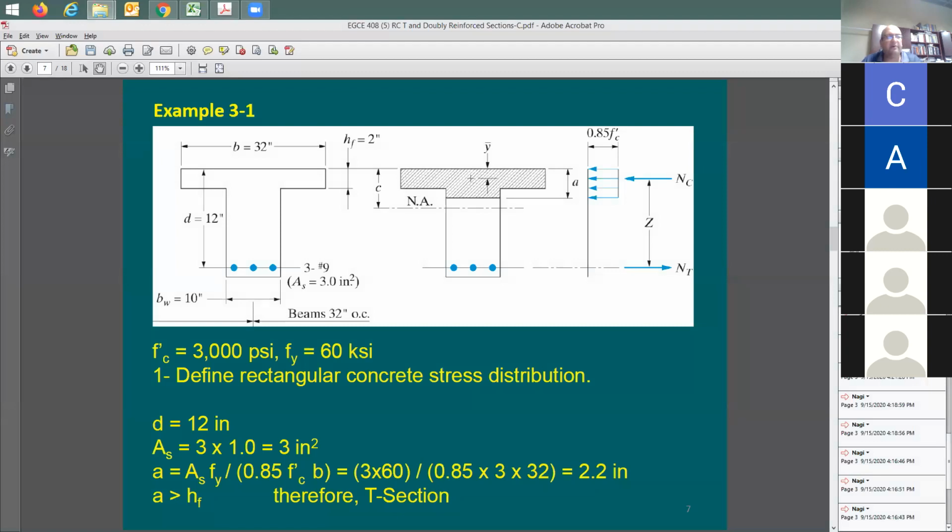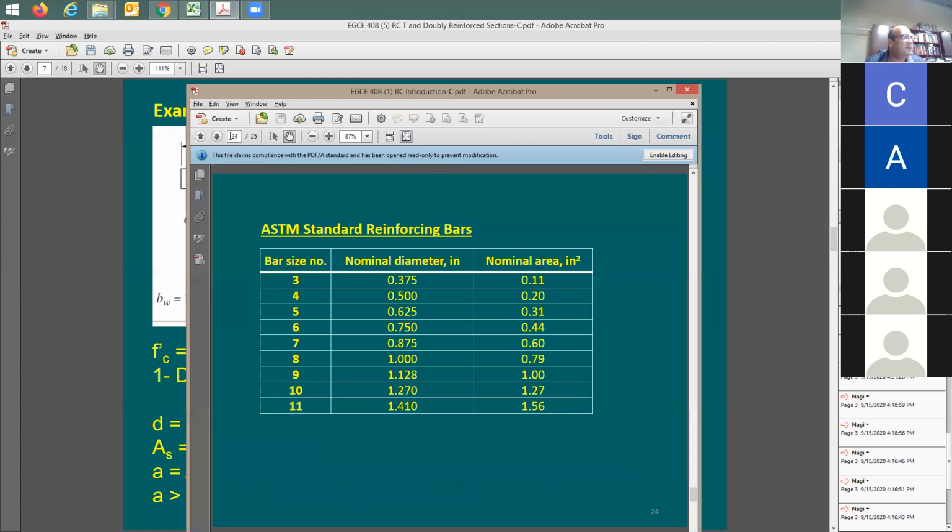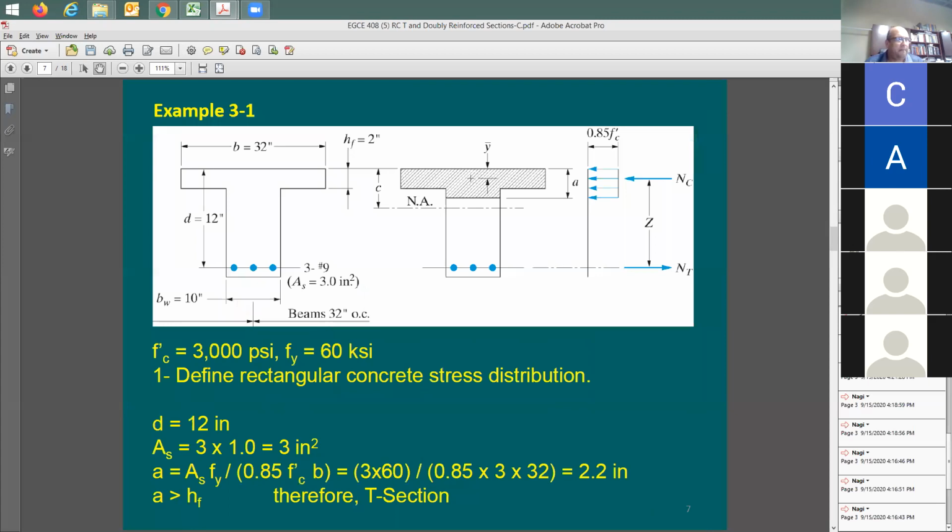You guys recall the rebar table? It's right here, in the first slide set, slide number 24. Number 9 has cross-section area of 1. I'm not going to be using this diameter; I'm going to be using this 1 square inch. The width is going to be 10 inches, given.